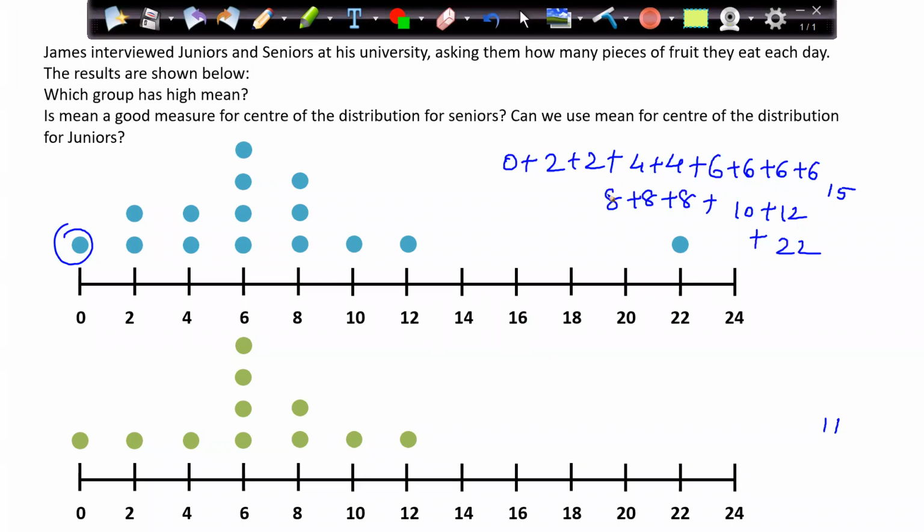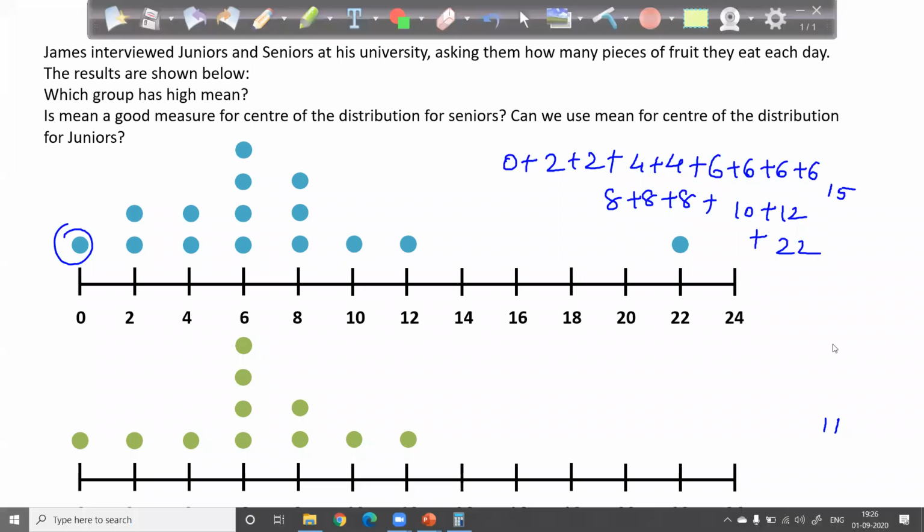So this is my data. If I sum it all up and divide by 15, that will be my mean.